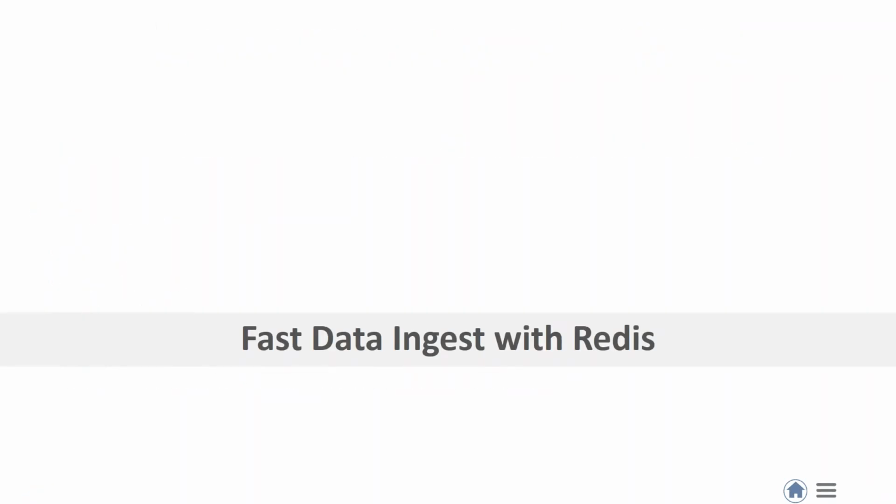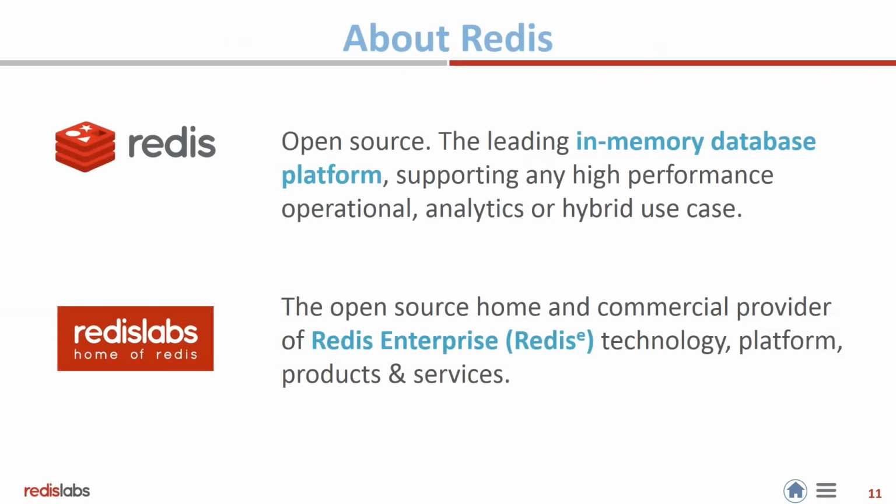Right? Now let's talk about Redis for a second. In the interest of those who are new to Redis, Redis is an open source in-memory database platform. It's an extremely popular database, and it's known for very high performance, something like millions of writes per second, with very low latency and with the fewest resources.